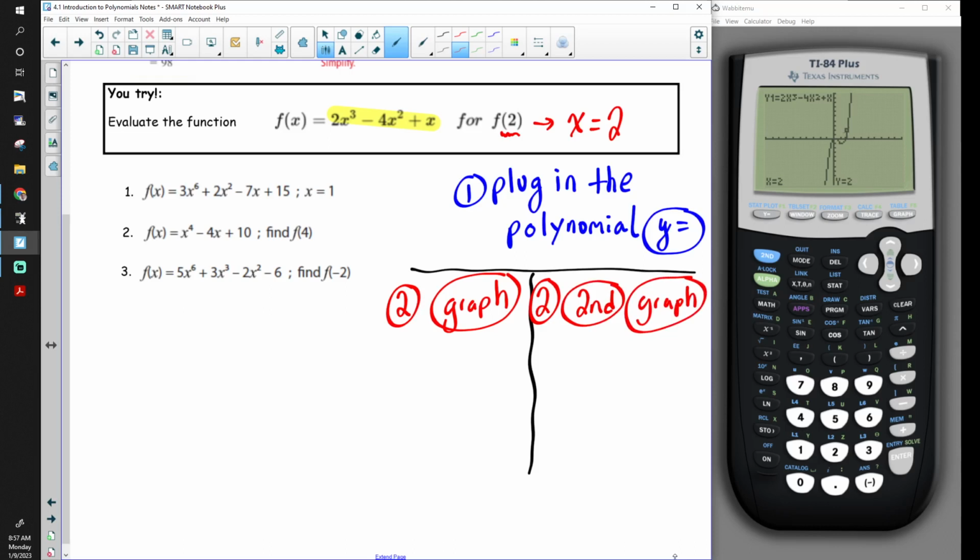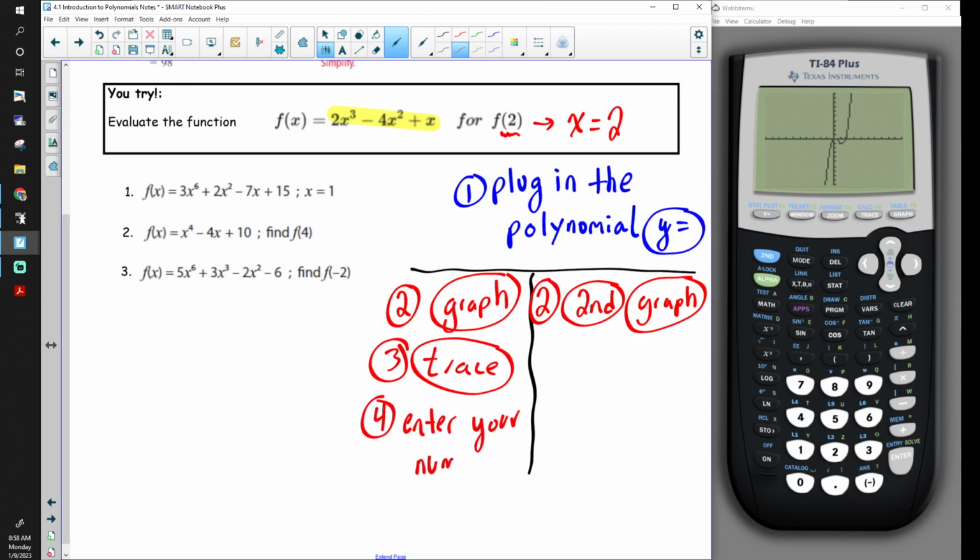Okay, if you go to the graph, which we just did, if you click graph, then all you have to do is click trace, and then enter your number.